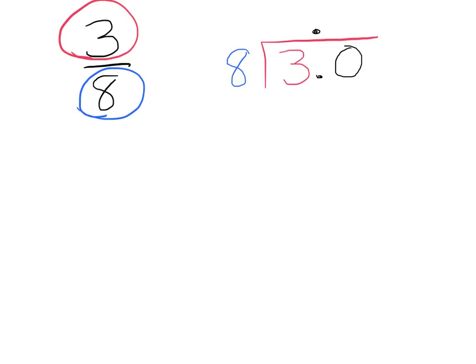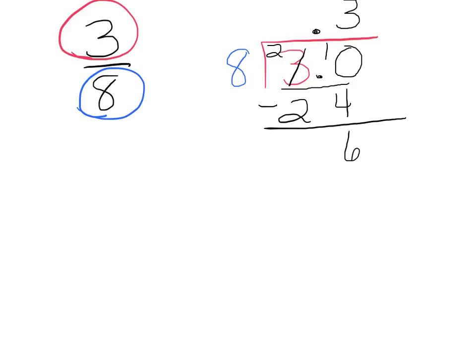And then I say, how many times can 8 go into 30? Well, 8 can go into 30 3 times. And 3 times 8 is 24. So now we're going to subtract. 10 minus 4 is 6.